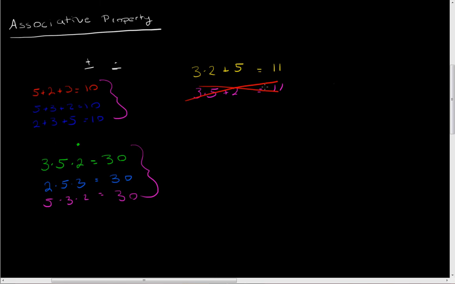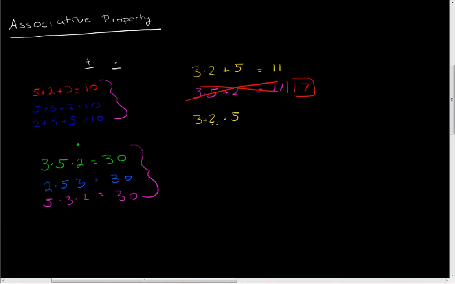This does not work. You cannot interchange the multiplication and the addition sign and get the same answer. This would equal 3 times 5 is 15, plus 2 is 17. This is completely wrong. Same thing if you had 3 plus 2 times 5.